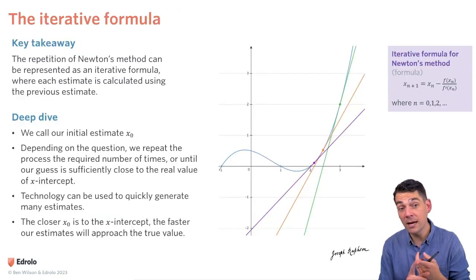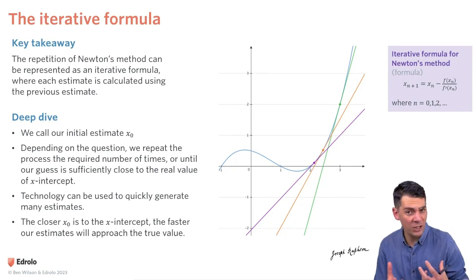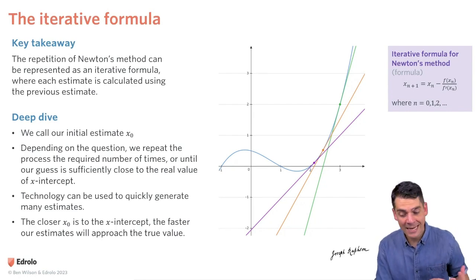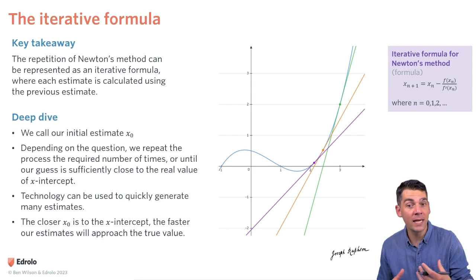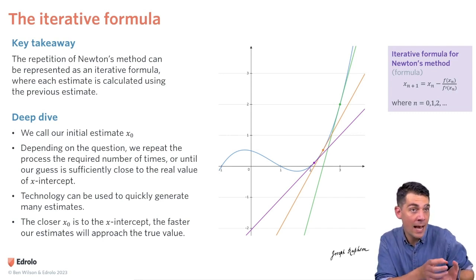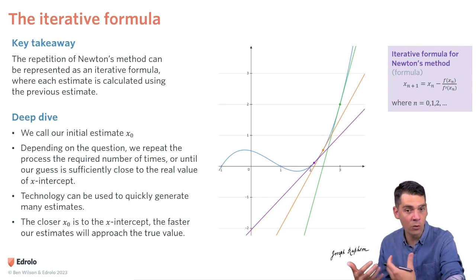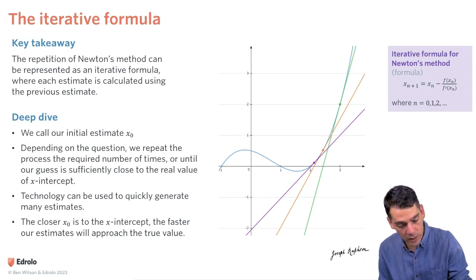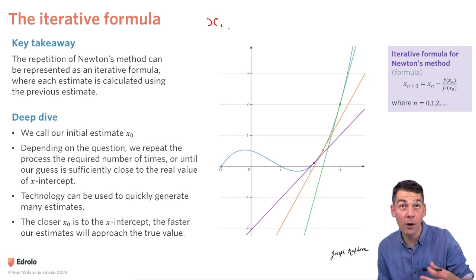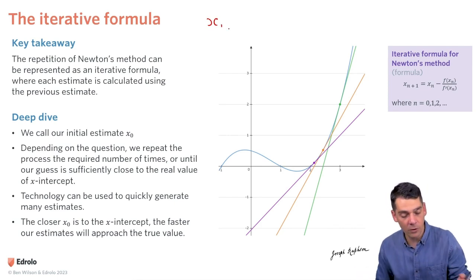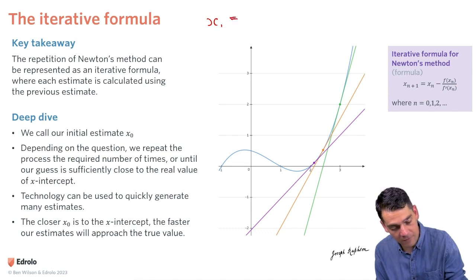Okay, so we're going to look at something now called the iterative formula, which we've actually already worked out. An iterative formula is essentially when each of our answers is generated from our previous answer, where we're repeating the algorithm over and over again. So we calculated our first approximate guess, after our initial guess, using the formula.